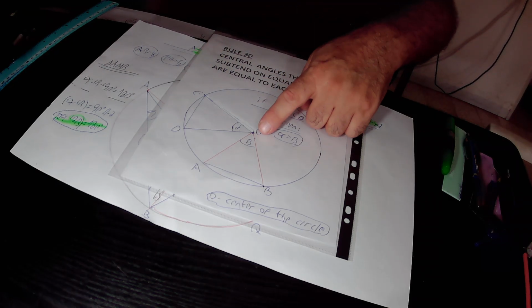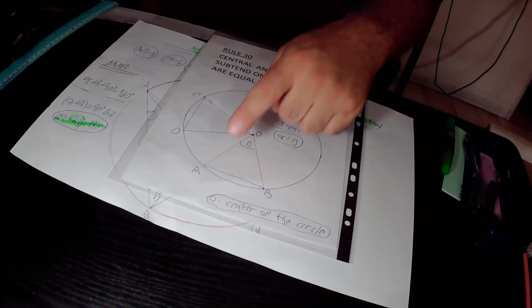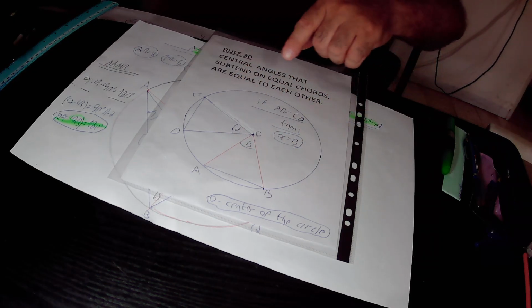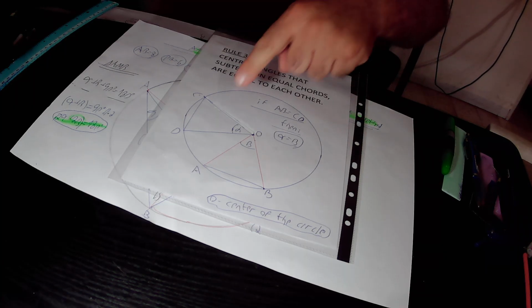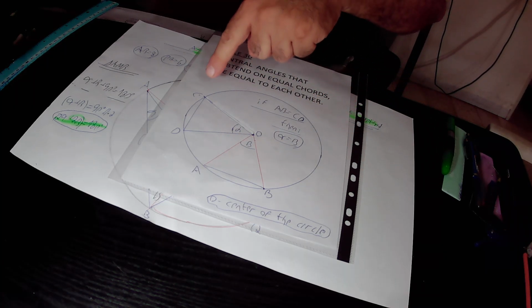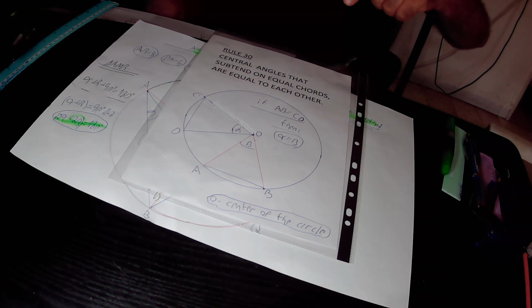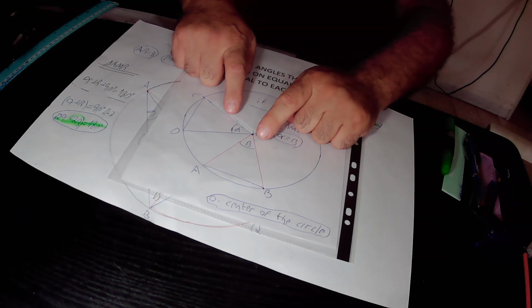Likewise, we have center angle BOA that subtends on chord AB, and it is equal to beta degrees in size. So if chord AB is equal to chord CD, those two center angles must be equal to each other in their sizes. That is to say, alpha equals beta.